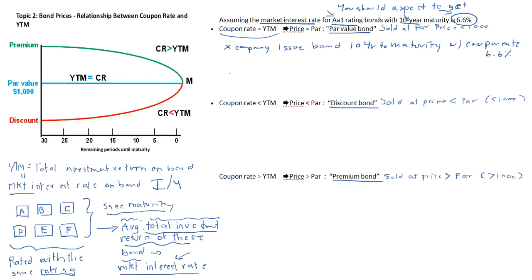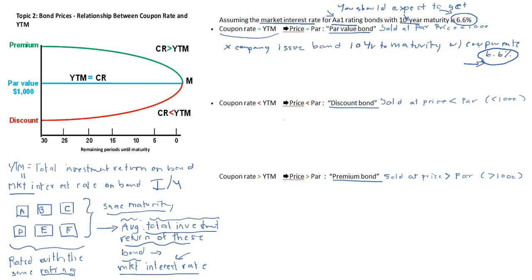So in this situation, X company pay the coupon rate, which is basically the rate that you're gonna earn for each period from your investment in X company bond.